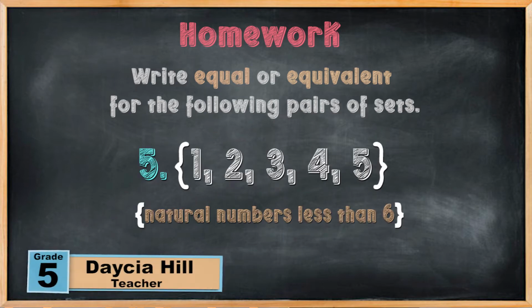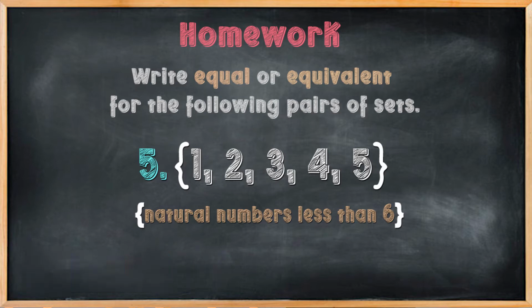Let's look at number 5. The first set for number 5 has members 1, 2, 3, 4, 5. And its pair has members that are natural numbers less than 6.